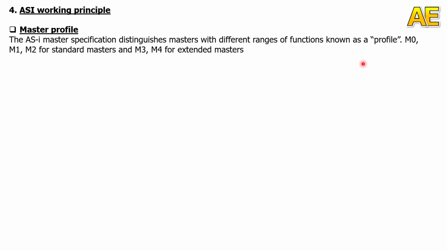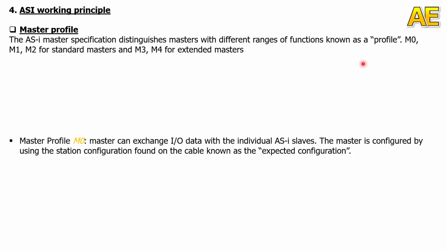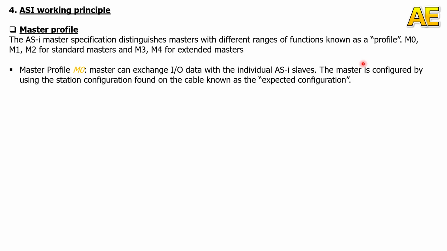Okay, we will go into detail on each profile. The master profile M0: the master can exchange the I/O data with the individual AS-i slaves. The master is configured by using the station configuration found on the cable, known as the expected configuration.